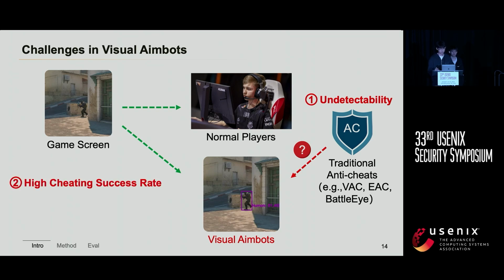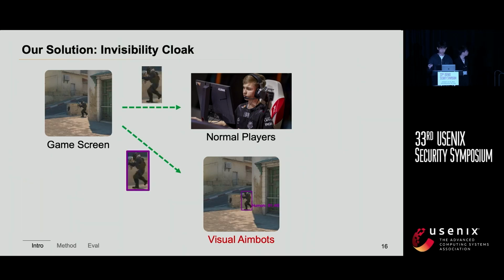Besides, due to the maturity of object detection models, visual aimbots are incredibly effective. Also, in modern FPS games, the primary game characters are human figures, making this cheat method highly general. A well-trained visual model can be directly applied to other similar games without fine-tuning. Therefore, to address these challenges, we propose this invisibility cloak.